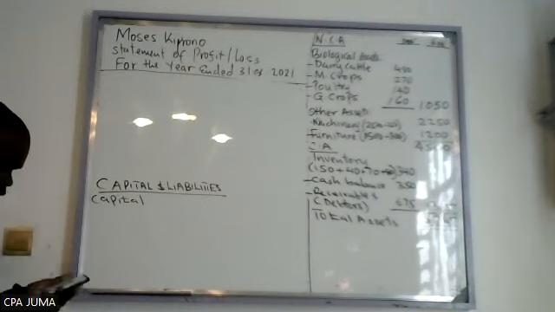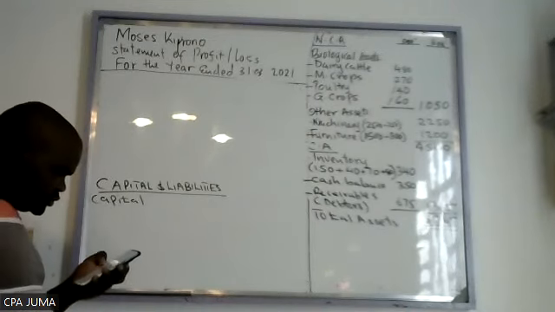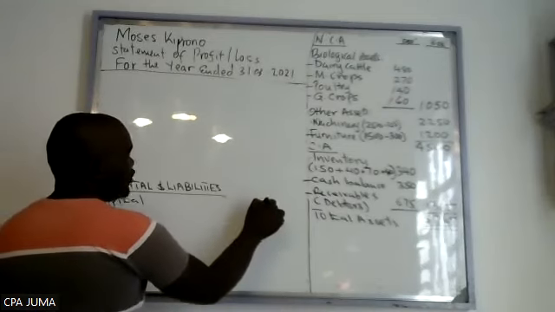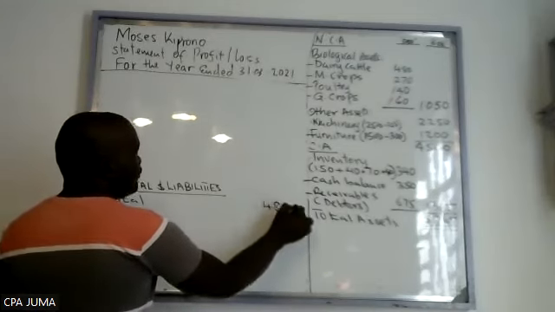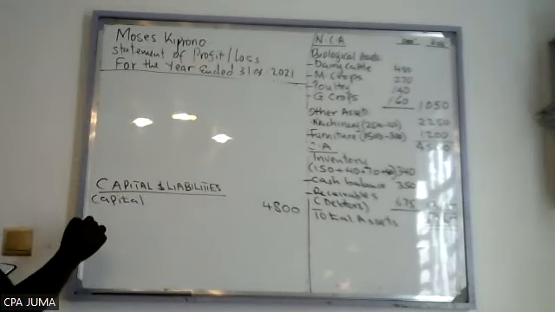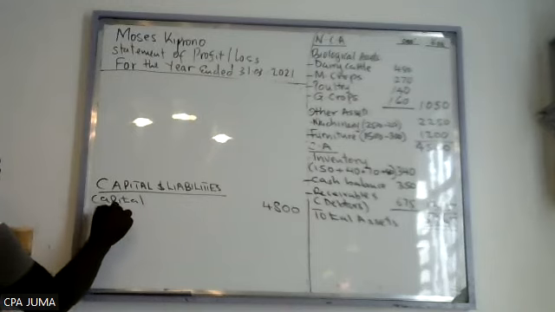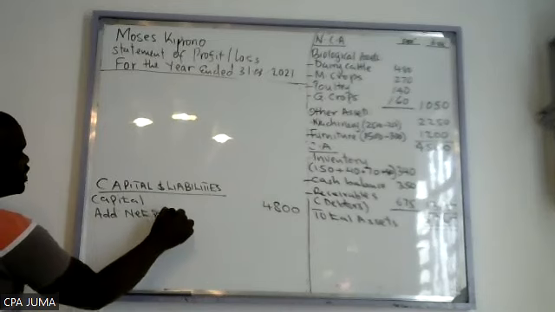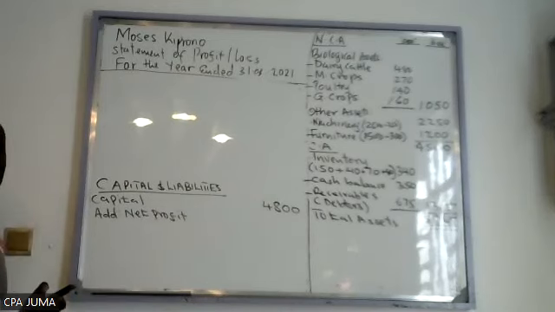Capital, you got 4,800 to the far end, 48. Then you add net profit, the net profit report that I've just deleted some few minutes ago here.